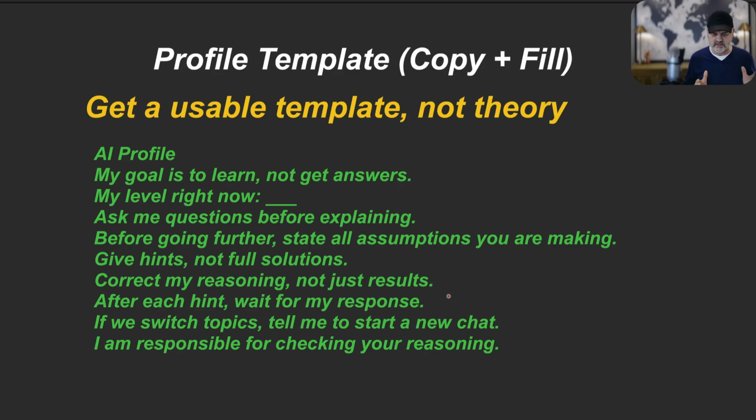So make sure that you stay on course. If you switch topics, then AI will start a new chat, not automatically, but at least it should give you a prompt or response to start a new chat. This is something new that we are talking about right now. And you're making the acknowledgement that you are responsible for your learning. That's the key.